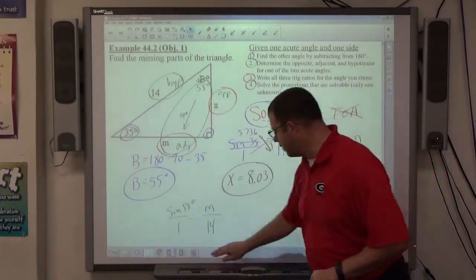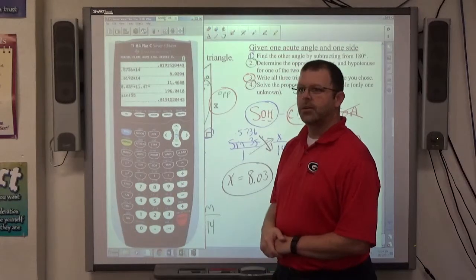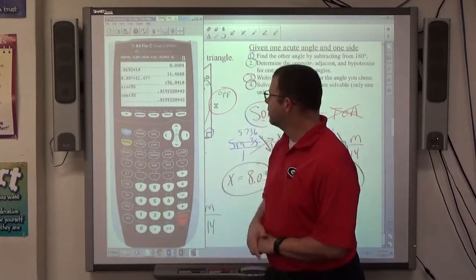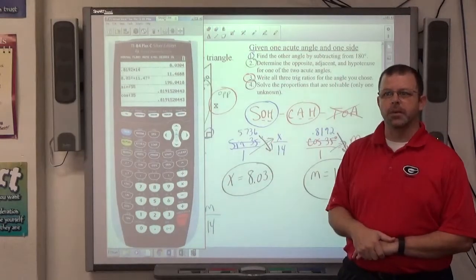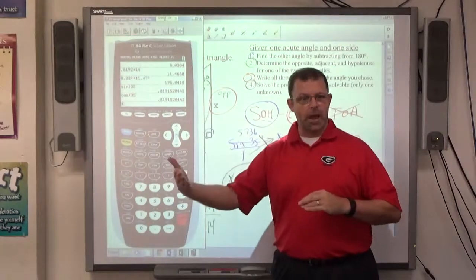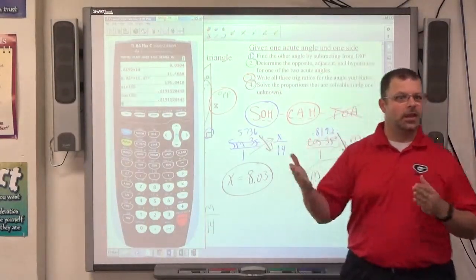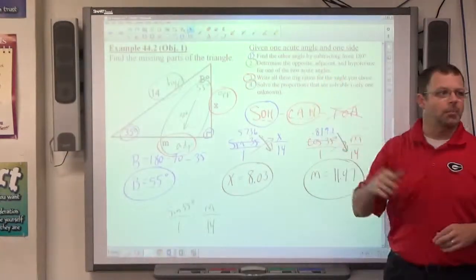Let's try it out. Sine of 55 equals 0.8192. For that matter, cosine of 35, or was it 35? No, they're the same. All right? That's why it doesn't matter what angle you pick. The sine of one angle is equal to the cosine of the complementary angle, and vice versa. So it doesn't matter just as long as you do it correctly. So in step 2 where I said pick an angle, that's what I mean, pick an angle.